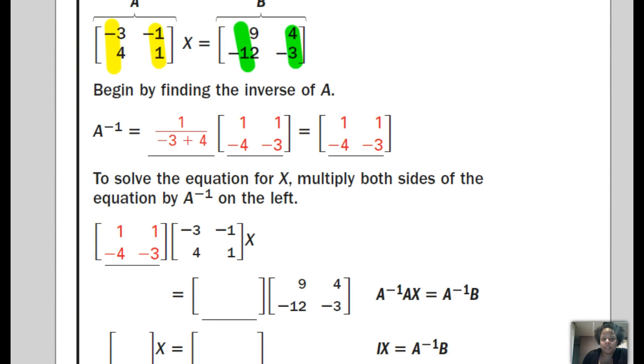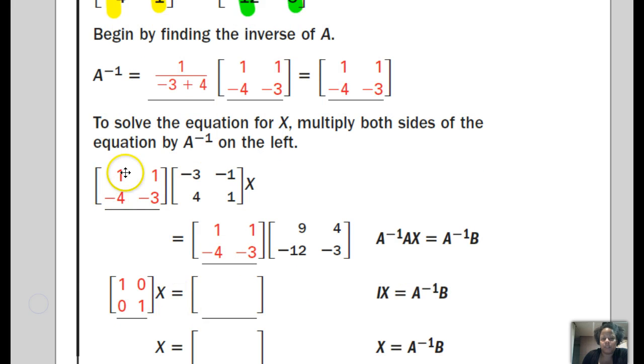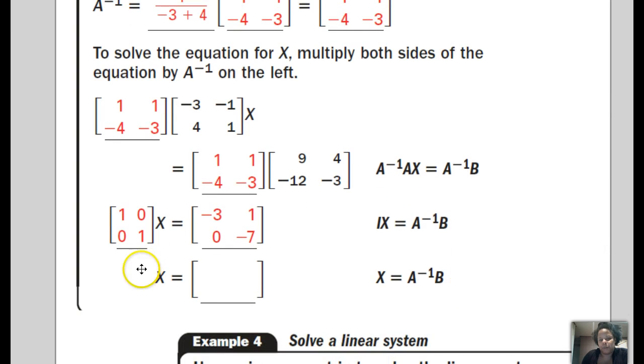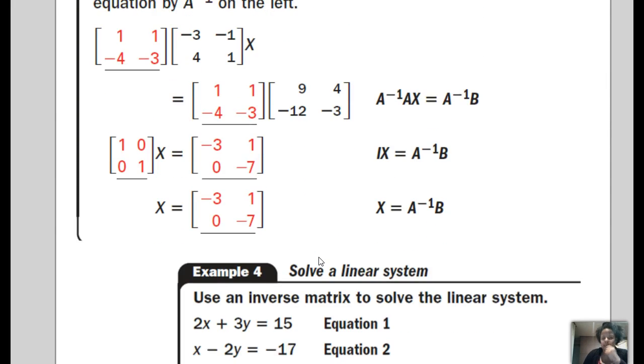When I multiply both sides of my AX equals B by my inverse matrix, I'm going to be left with the identity matrix on the left times X. On the right, I'm going to be left with this relationship. So that means my X matrix is really the same thing as A inverse times B. And I'm only going quickly because this is a little bit longer than I planned.